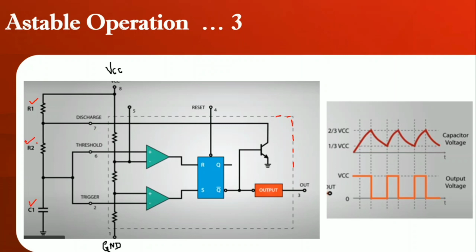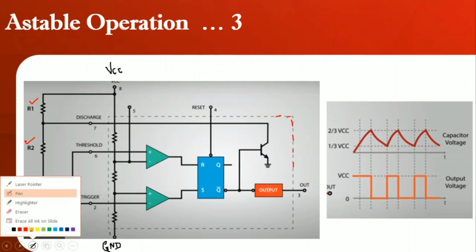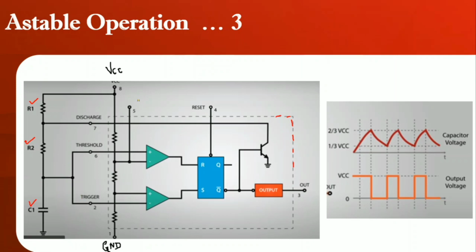The first point to note is that the capacitor C charges from pin number 8, that is, the voltage is applied to the capacitor through the resistors R1 and R2.